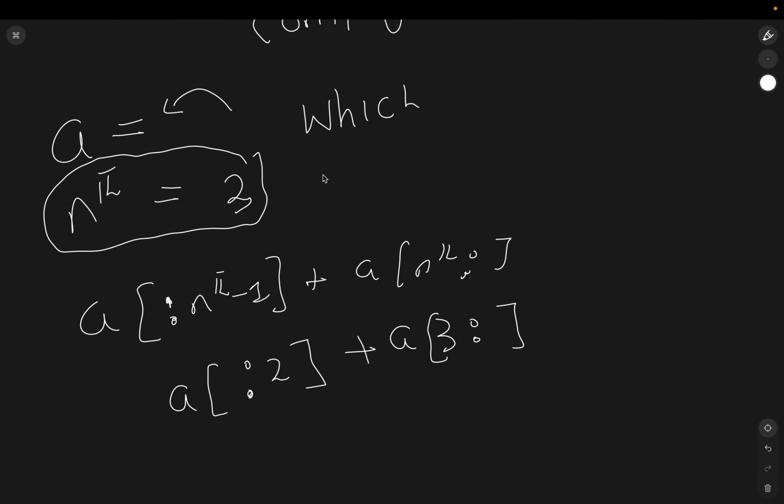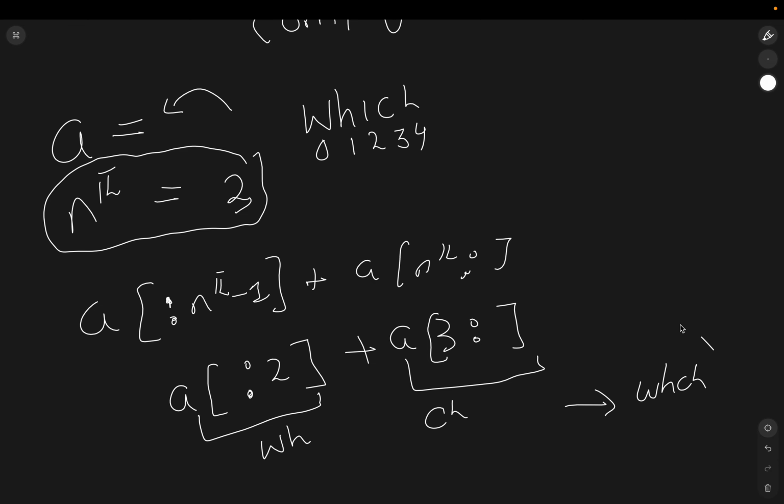So what will be the output here? Let's do the indexing: 0, 1, 2, 3, 4. So a till 2, and 2 will not be included, this will give me WH, and a of 3 onwards including 3 will give me CH, and the output you will get is WHCH, right?